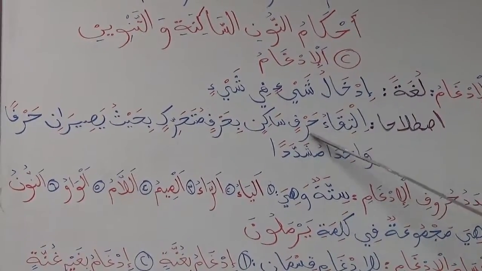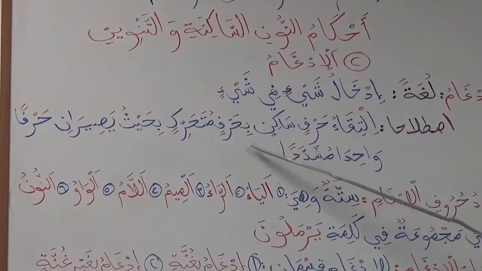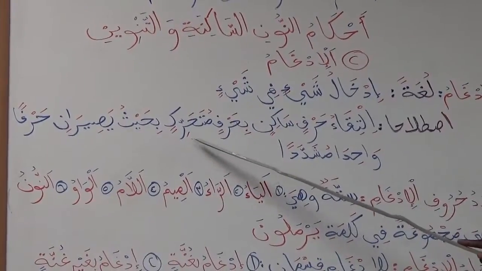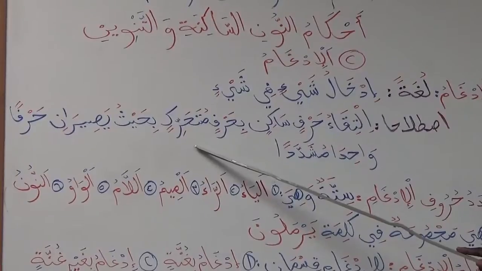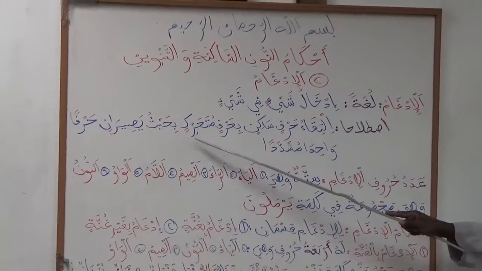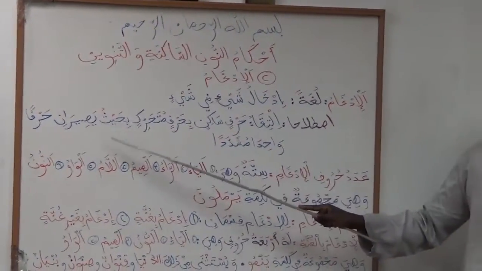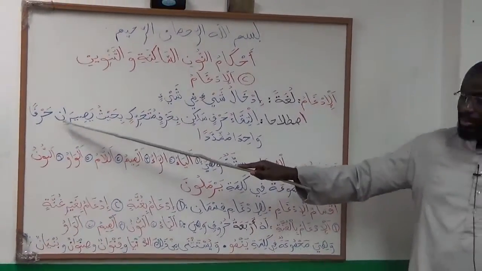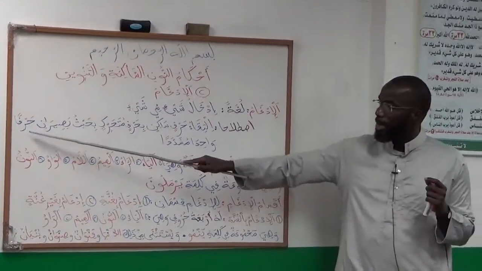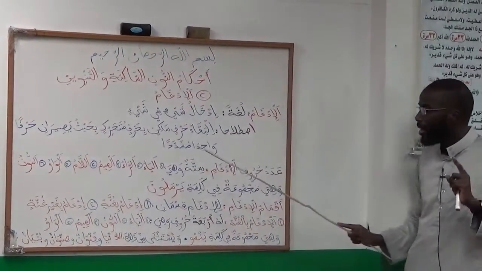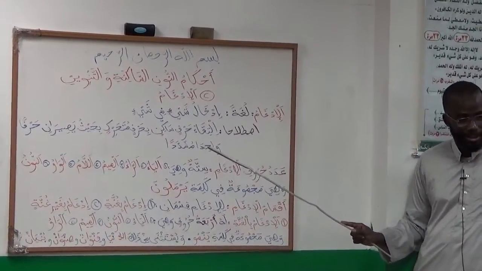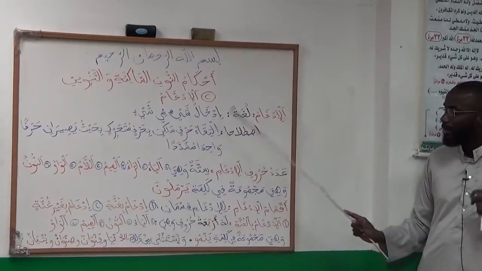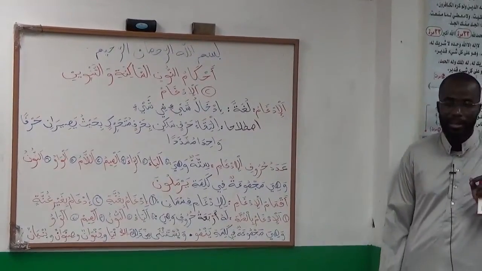So the meeting of one letter that has a sukun with another letter that has a vowel other than a sukun, be it a dhamma, a fatha, or a kasra, بحيث يصيران, so that these two letters become harfan, one letter, واحدا مشددا, one letter that has a shadda. So that is the functional definition of al-idgham.